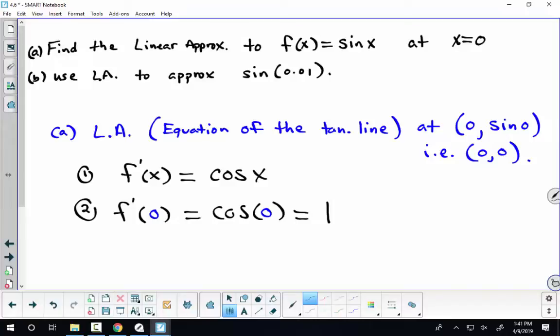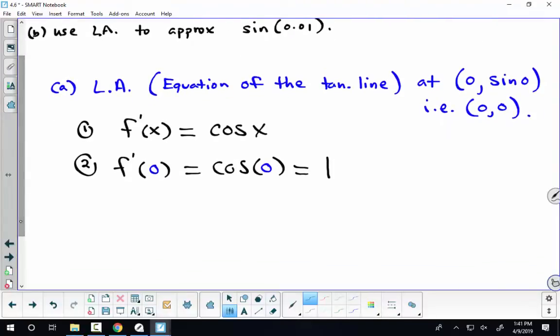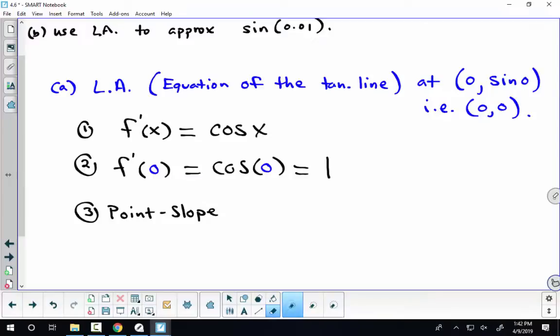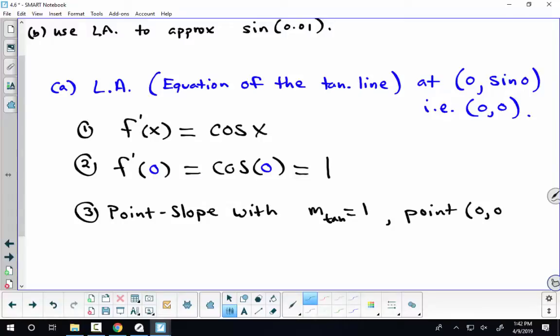Okay. Now we just put all of that information, the point and the slope, into point slope formula, and we have our linear approximation. Well, I should say point slope with slope of the tangent being 1, and the point is at 0, 0.